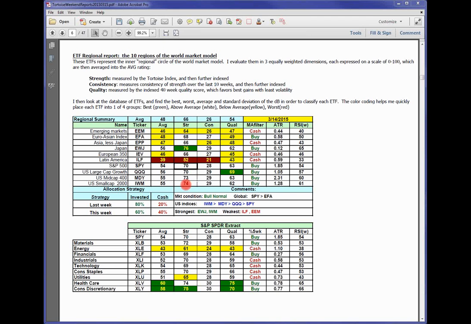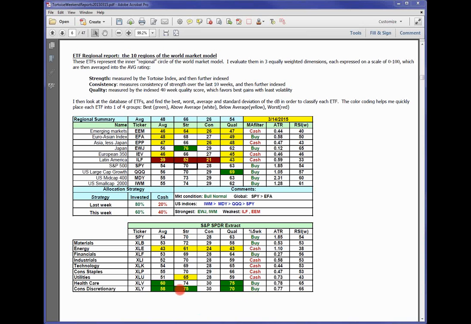Inside the U.S., the strength is in small caps, then mid, then tech, then large. The 2 strongest sectors are Japan and Russell small caps. The 2 weakest remain Latin America and emerging markets.